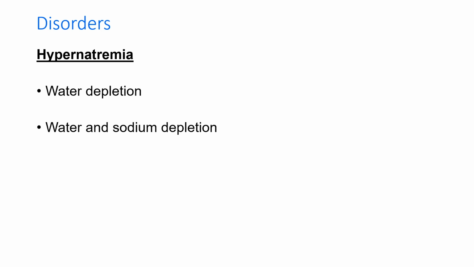Hypernatremia can be seen whenever we have water depletion, or when there is both water and sodium depletion, or when there is excess sodium intake or sodium retention in the body. All these three mechanisms lead to increased sodium content in the body, and the condition is known as hypernatremia.